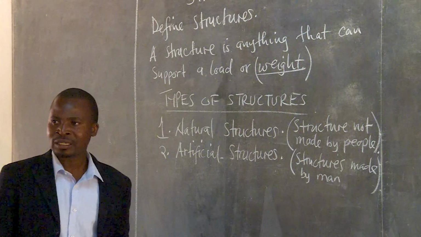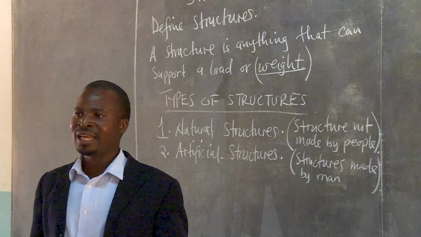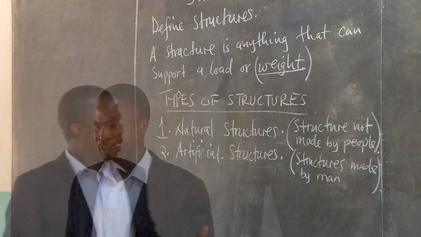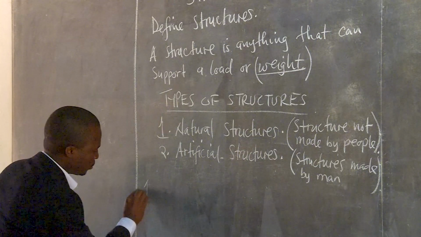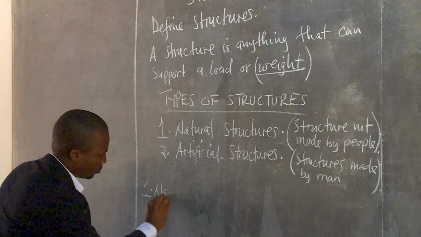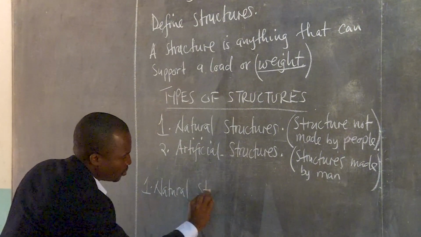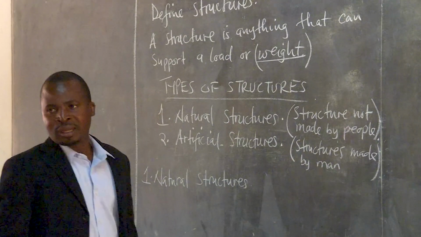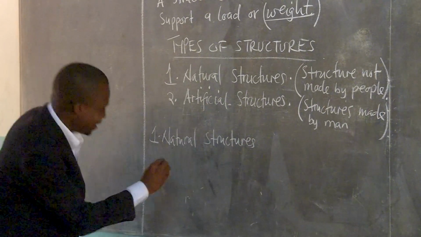So we have these two types of structures. There are structures which have been made by people. Then there are structures which we just found due to nature. Examples of natural structures: a tree.